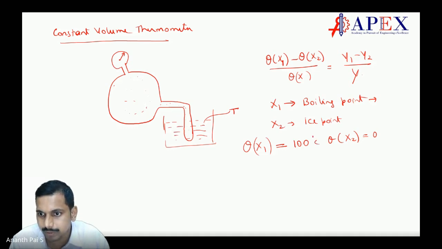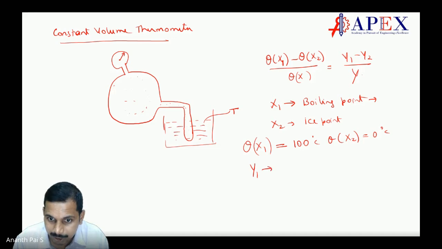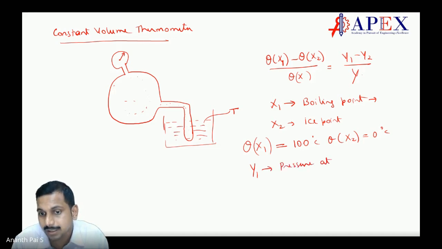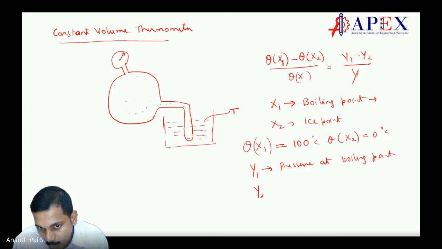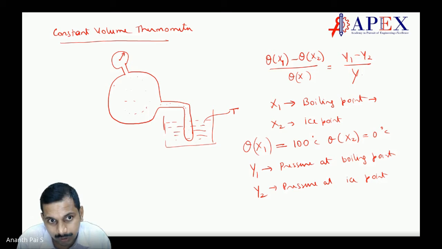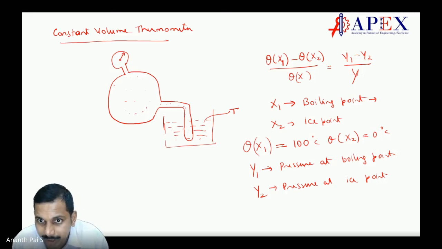Then y1 is the pressure at the boiling point, and y2 is the pressure at the ice point. So boiling point, ice point, we know the pressure.